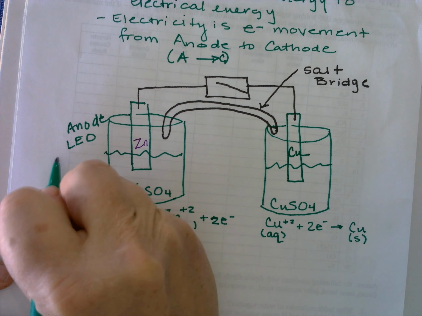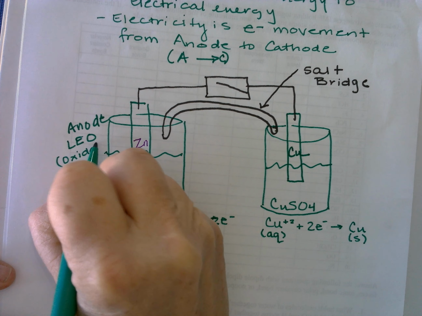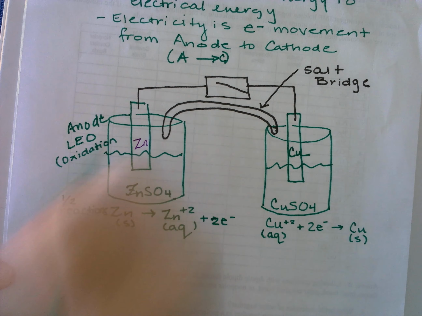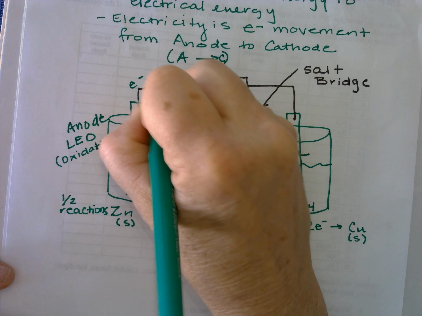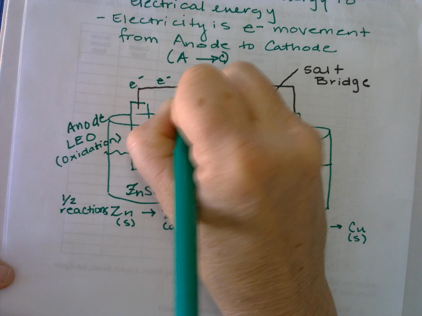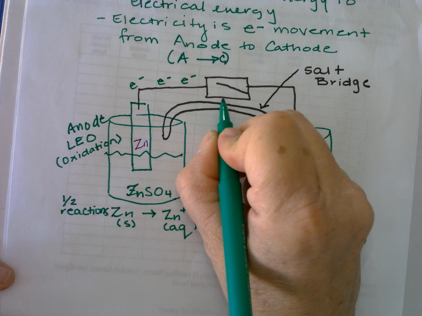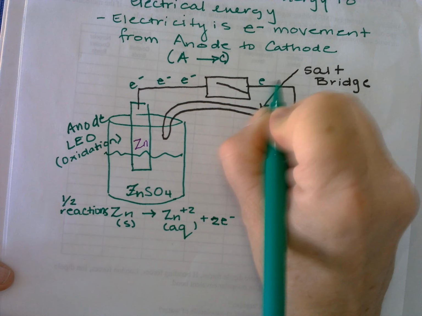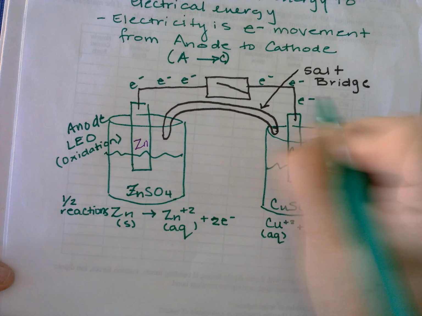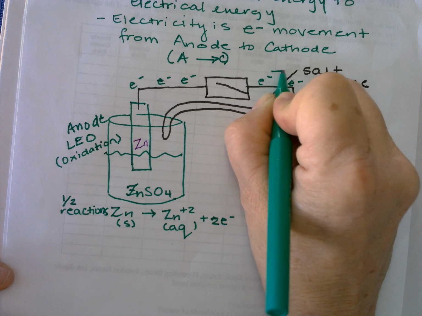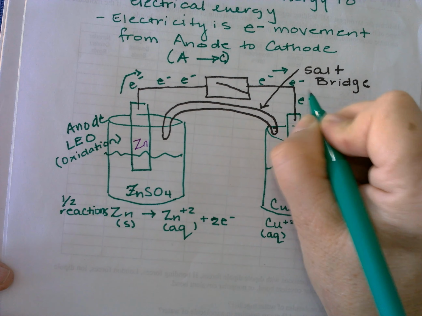So this is oxidation. The electrons travel through the wire to the load. See how this is happening? So they're going in this direction, the electrons are.